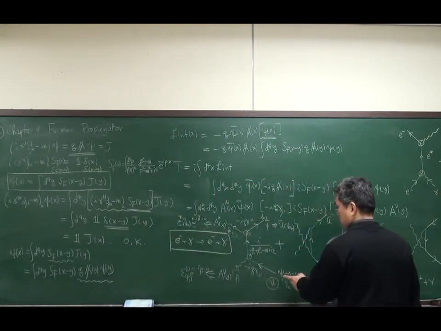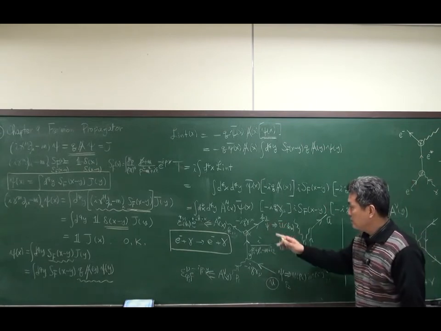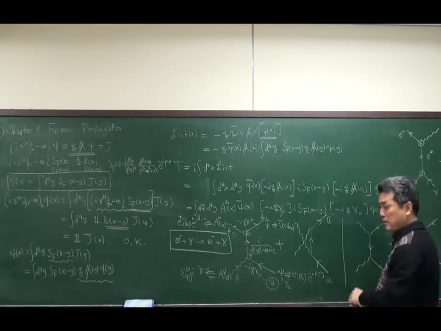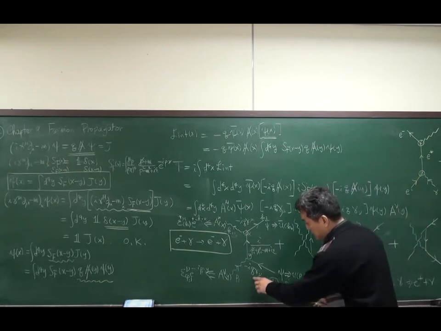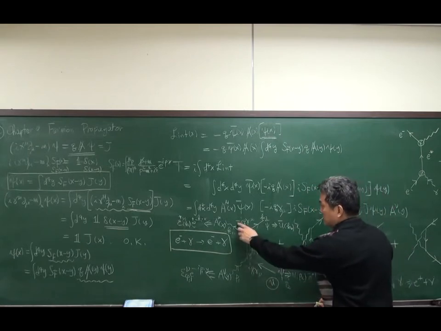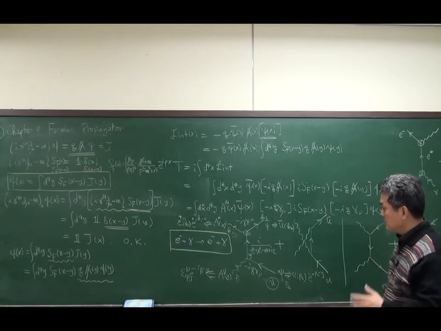And the electron's final state is u bar with momentum k2. And each vertex has a gamma matrix, so you have minus i Q charge gamma matrix at each vertex.